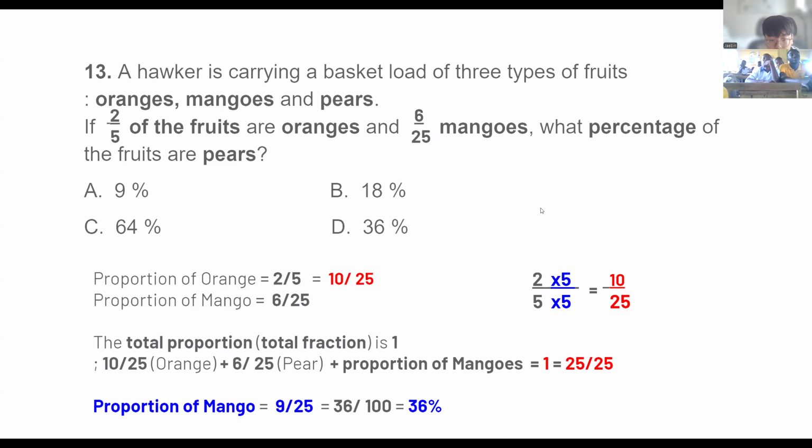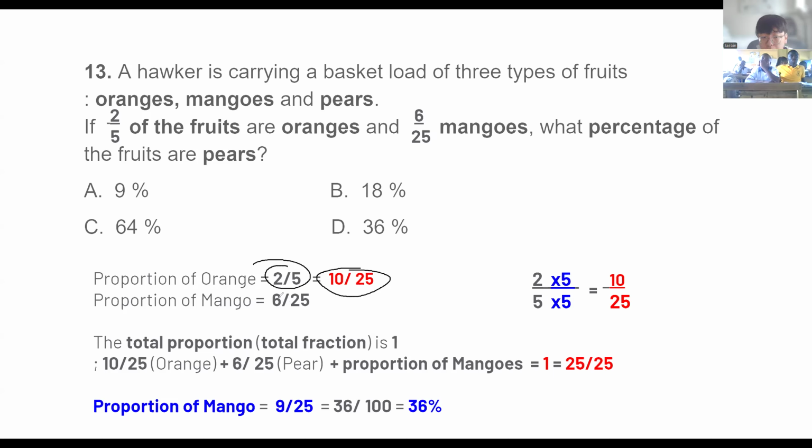Yeah, this one's pretty easy and straightforward. We just need to change the denominator of oranges, right? Make it all 25. 2 out of 5 is equal to 10 out of 25.